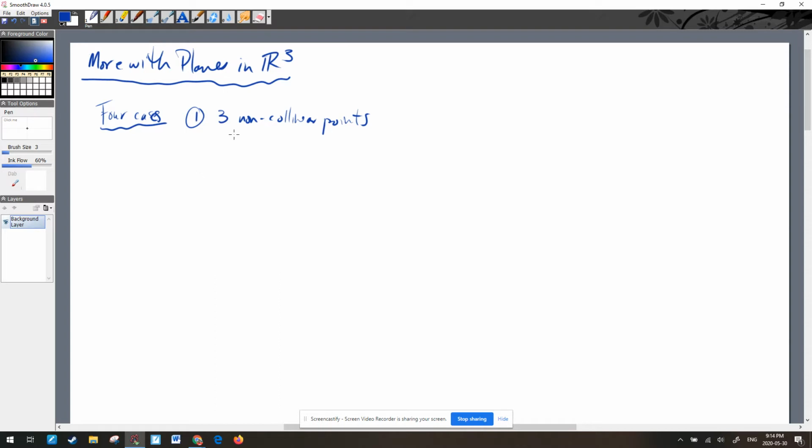So what we're going to do for that is find two direction vectors between the points, right? So if the points are A, B, and C, we could do any of them.